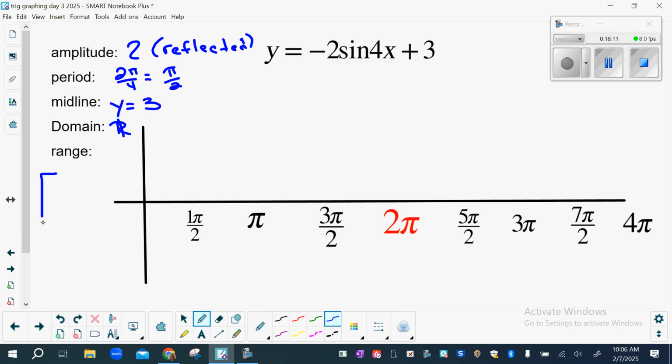Our range, be careful, small to big. The lowest we're going to go is 1, and the highest we're going to go is 5, because we are a little panicked. And I don't blame you. So here's what it's going to look like. 1, 3, 5. Sorry, that's in the way. I'll put that there. 5. Here comes my midline.